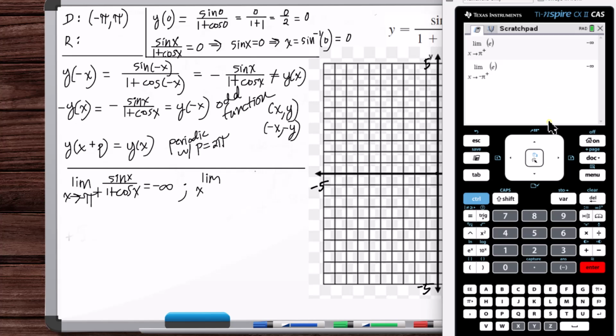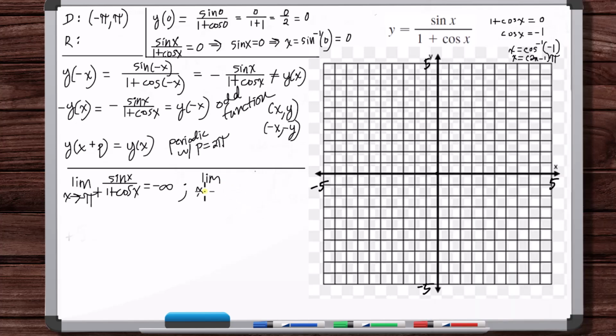Now, what is the limit as x approaches pi from the left? It's positive infinity. Okay, so as x approaches pi from the left, this is positive infinity. So that's the endpoint behavior.